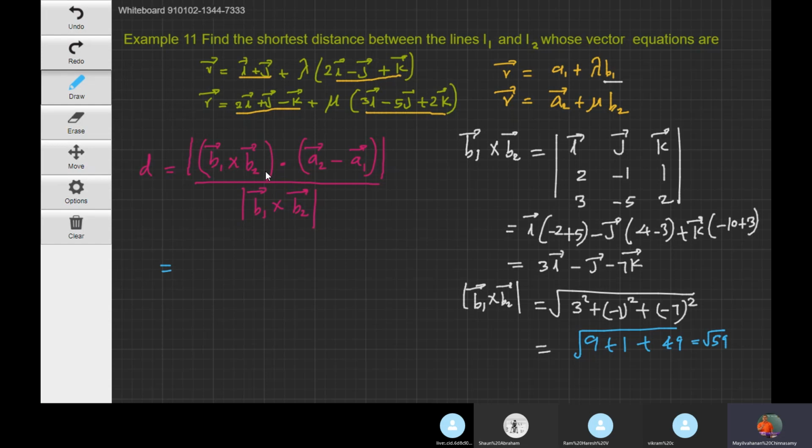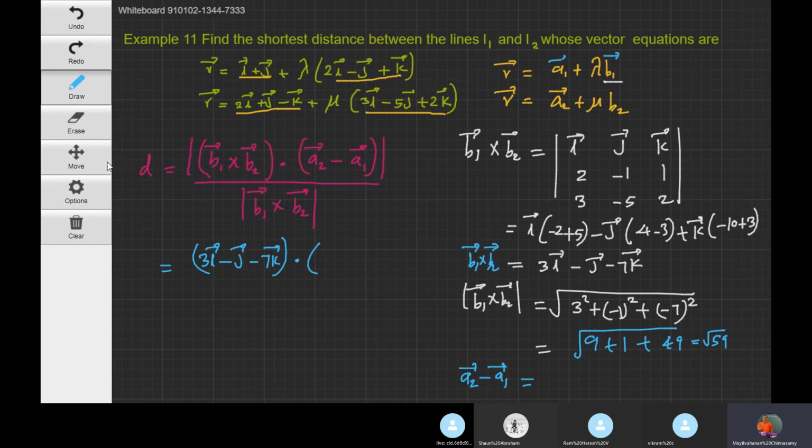So what is B1 cross B2 vector? It is the vector 3i minus j minus 7k. You have to take the dot product with the A2 minus A1 vector. So how to find A2 minus A1 vector?